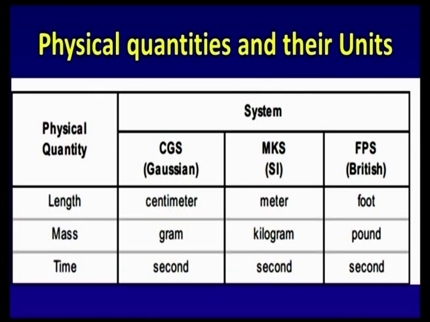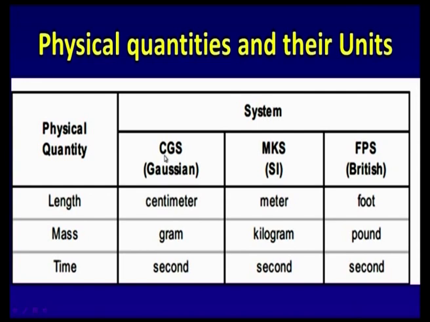Children, for physical quantities of any object, you can measure the length of an object, you can measure the mass or weight of an object, you can also measure time. Then we have 3 types of systems in which you can measure all these physical quantities: CGS system, MKS system, FPS system.